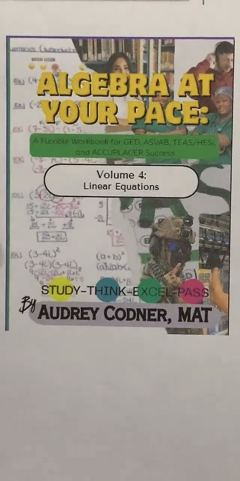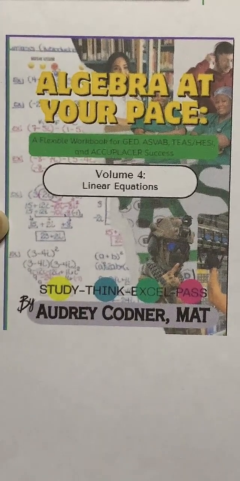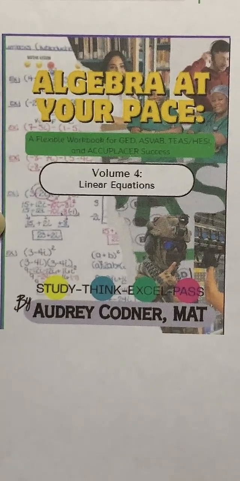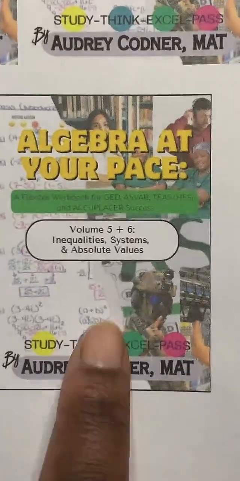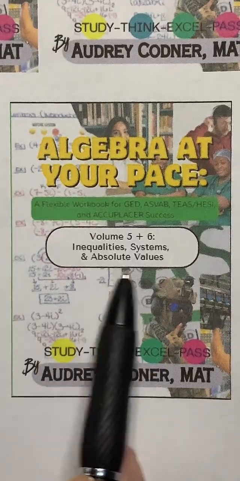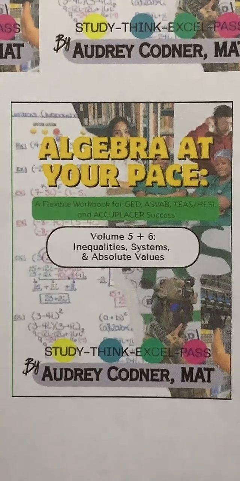Volume 4 deals with linear equations, like slope, equation of the line, and parallel and perpendicular lines. Volumes 5 and 6 I combined into one book to beef it up a bit, covering inequalities, systems of equations and inequalities, as well as absolute value. The other ones I'm working on are the geometry part with area, circumference, and volume, as well as the data analysis piece and radical and rational functions. That's all coming up.